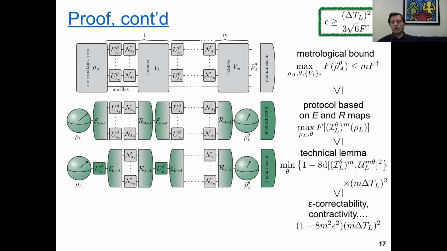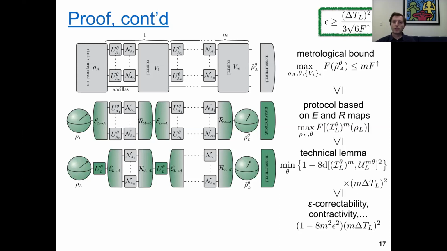Okay, and then we throw in a bunch of other assumptions, basically the fact that our code is epsilon correctable for the specified noise. We use contractivity and unitary invariance of the Bures distance and the triangle inequality, and we can get that inequality.